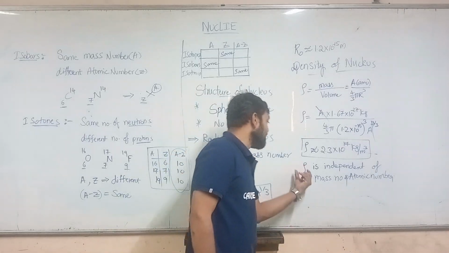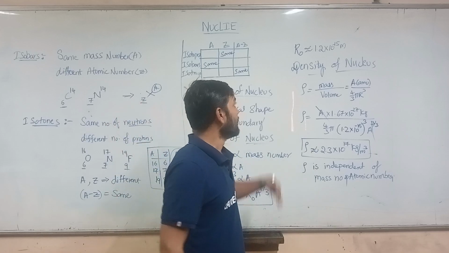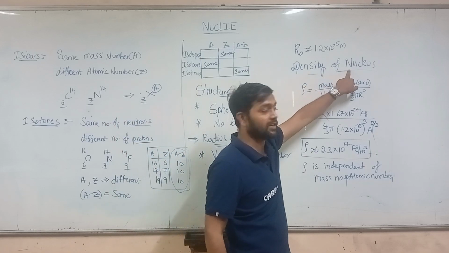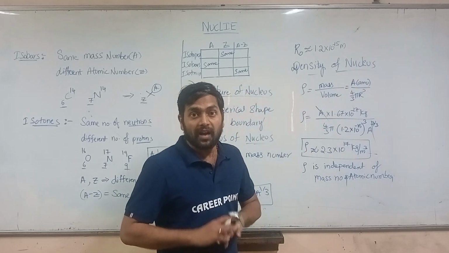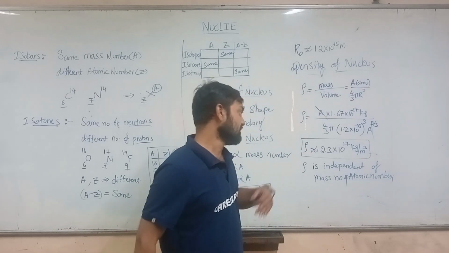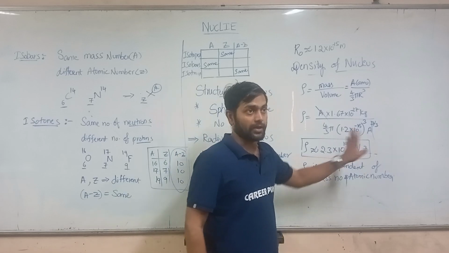So density is the same for all the elements, all the nuclei. Here we are taking the nucleus, right? So the density of any atom's nucleus is the same. That is equal to 2.3 into 10 to the power 17 kg per meter cube.